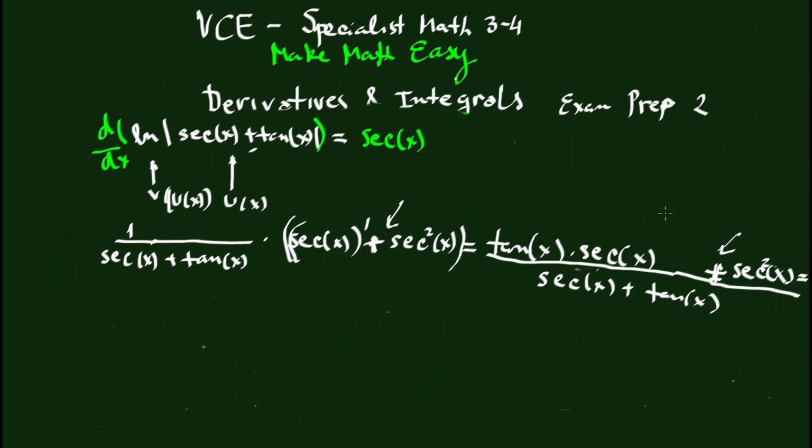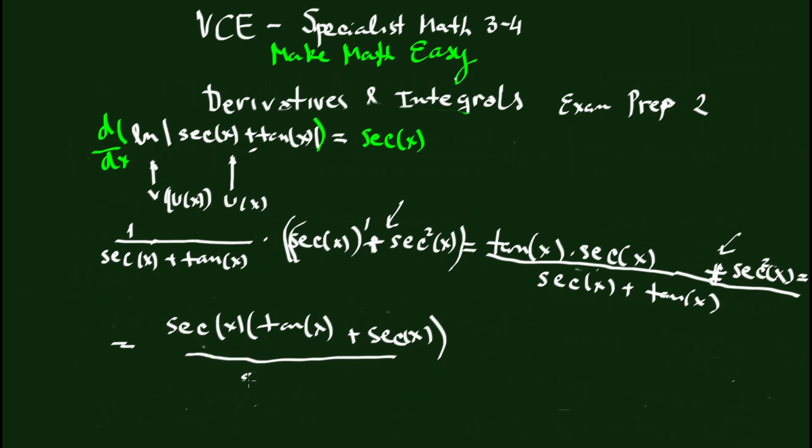So what we got here, secant of x is a common one: secant of x, we have tangent of x plus secant of x, and divided by secant of x plus tangent of x.